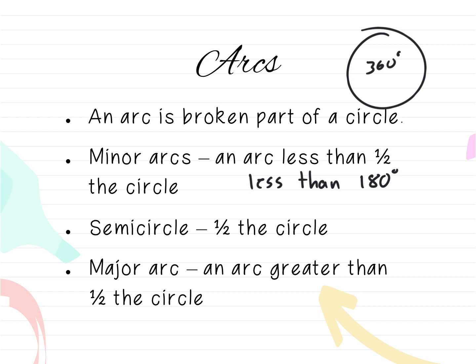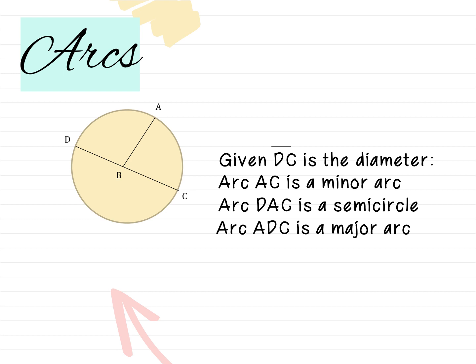A semicircle is exactly 180 degrees because it is exactly half a circle. And you have a major arc, which is greater, so it's going to be greater than 180 degrees, again because it's bigger than half of a circle. We have this arc.